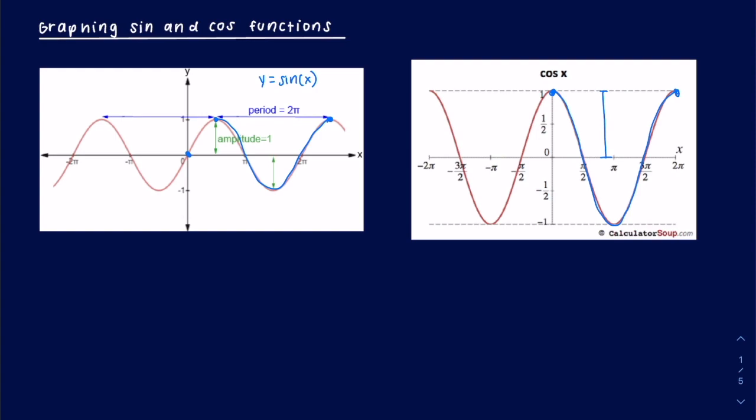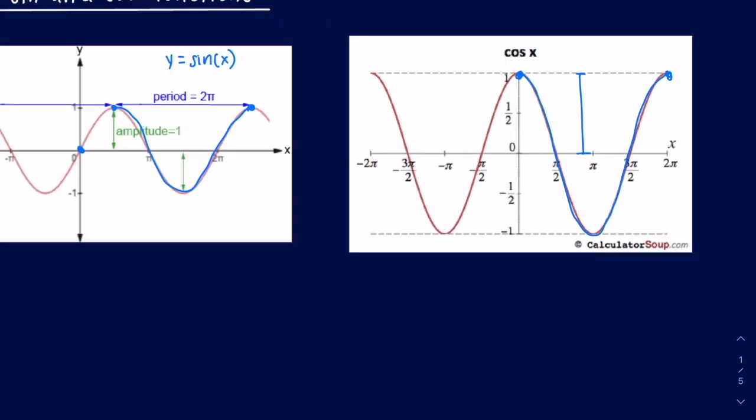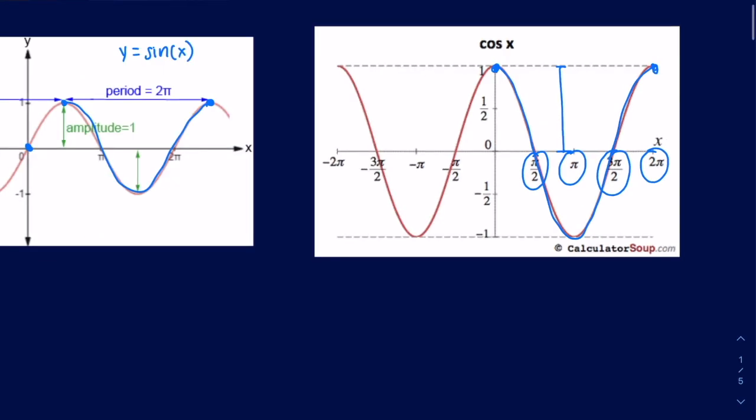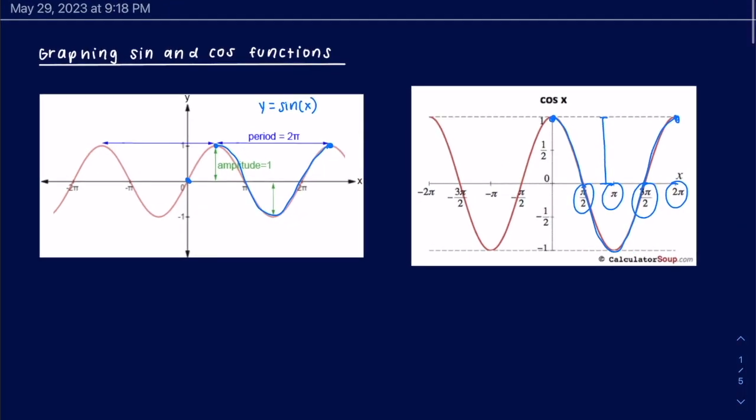And as we go along, we'll see that sine and cosine functions, every single function under this family looks pretty much the same. The only difference is the increments, the period, and the amplitude. So those elements are going to be different for each one.